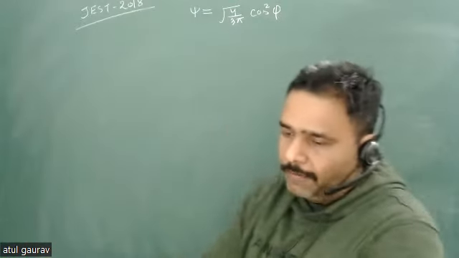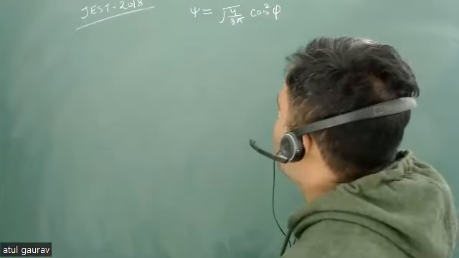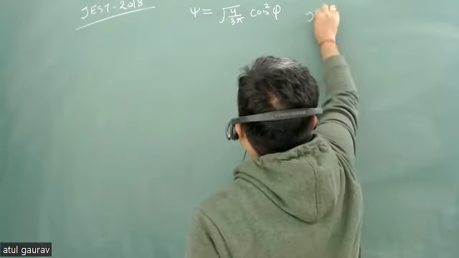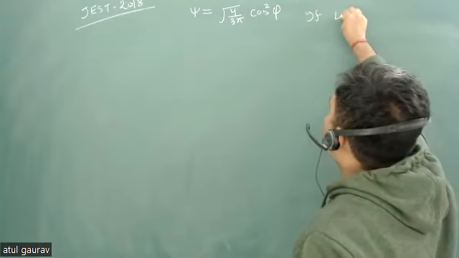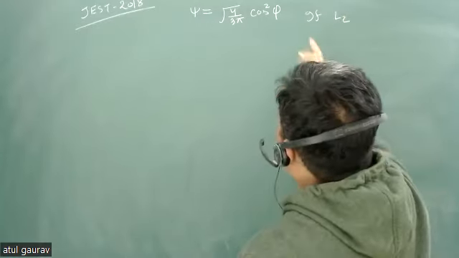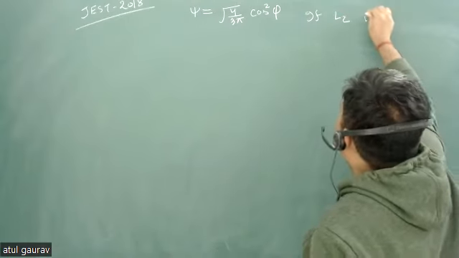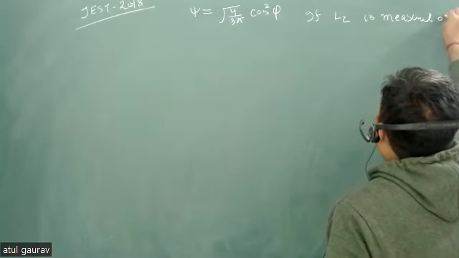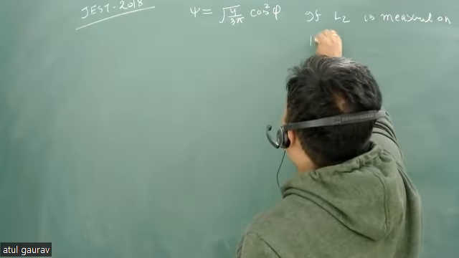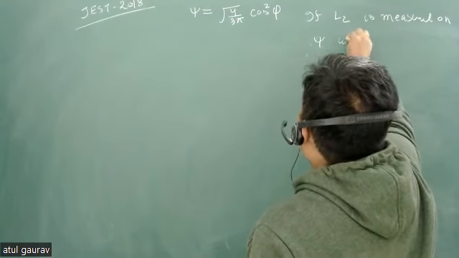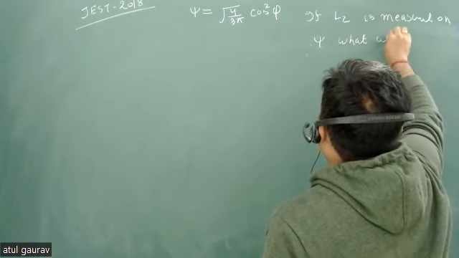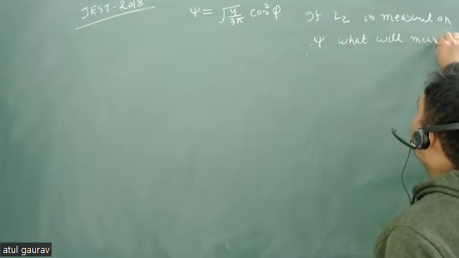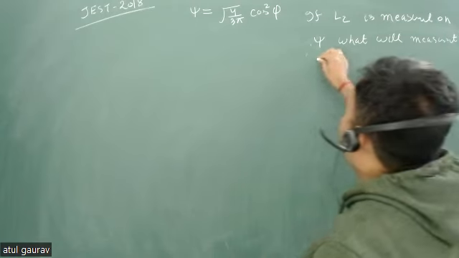In this problem it is asked, Lz is nothing but the z component of angular momentum. If Lz is measured on psi, what will be the measurement, and with what probability?